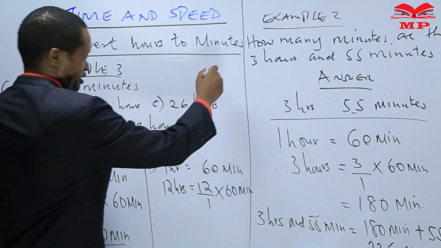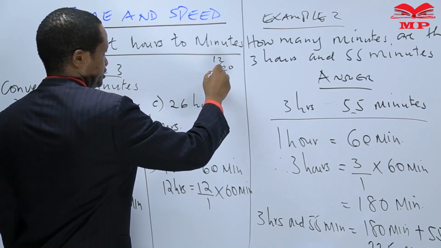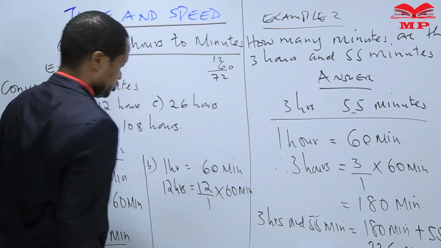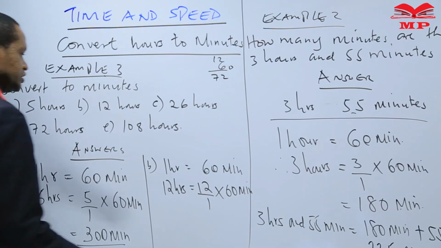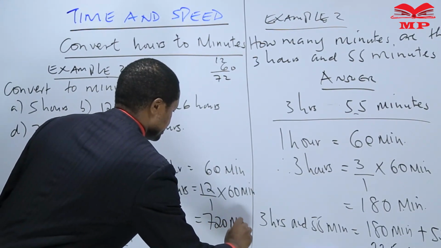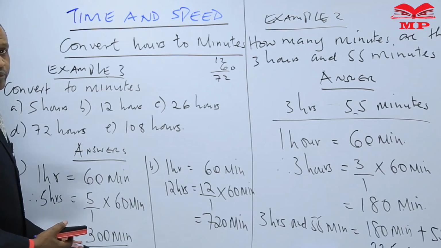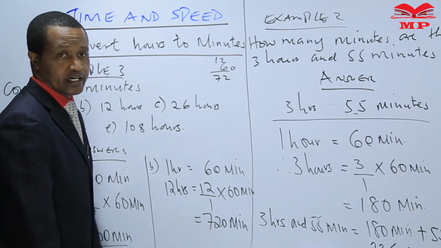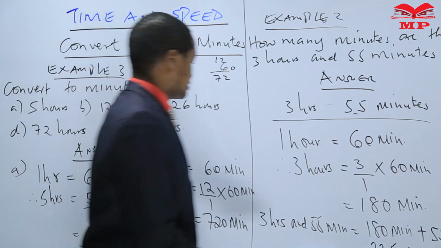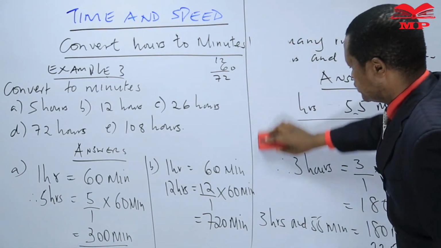So we multiply 60 times 12, which is equal to 720 minutes. 12 hours will be equal to 720 minutes. That is B.